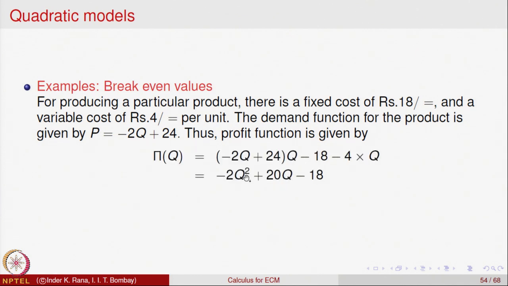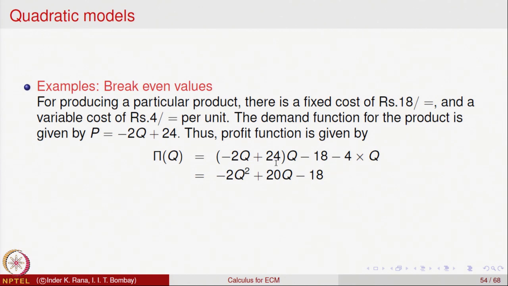So, let us compute that, pi Q, the profit. This is the price at which something is being sold, right, and if Q units are sold, then the product P into Q gives you the income.